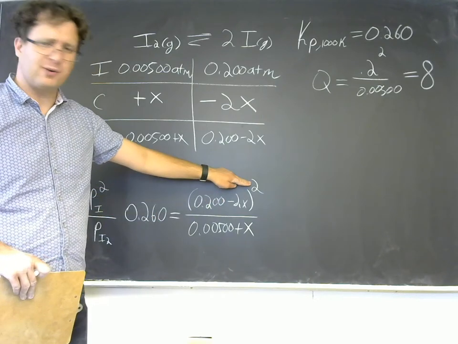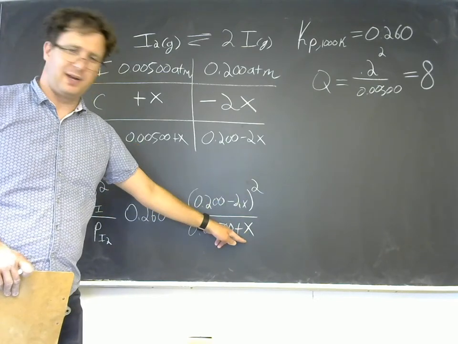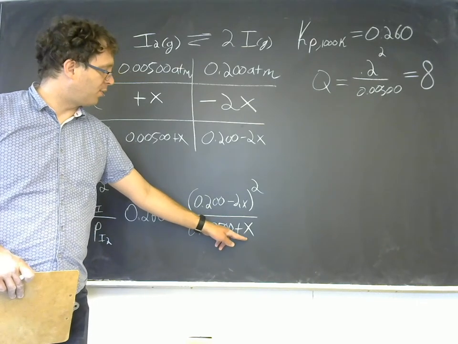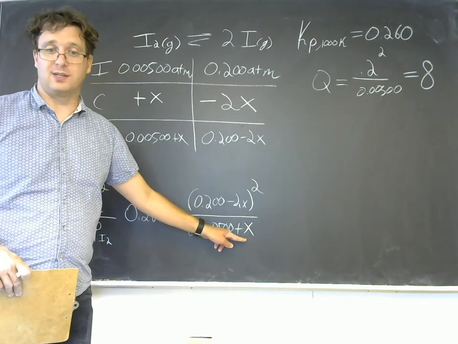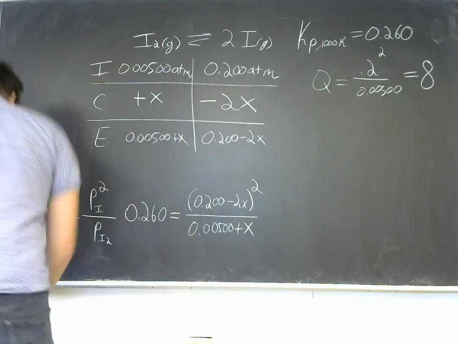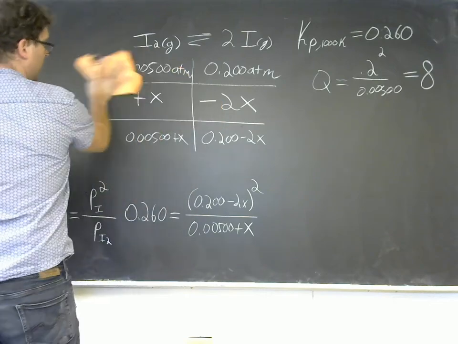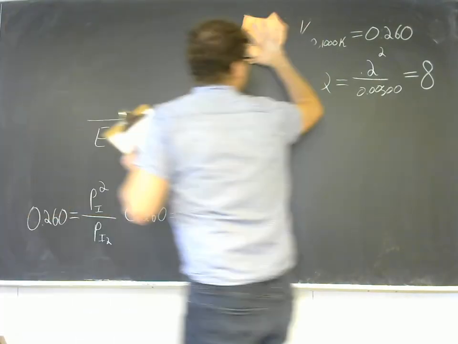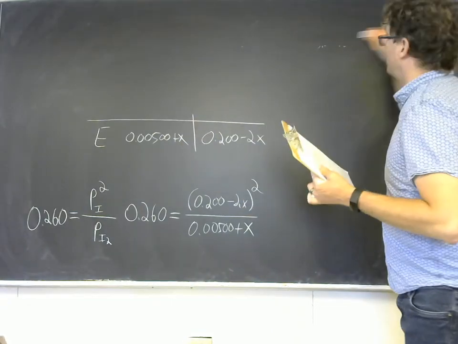Sure, that would get rid of the square in the numerator, but now we've introduced an even worse problem by putting a square root of x in the bottom. Now there are two different ways to solve this. I'll go ahead and erase everything up here, and we'll show you the long way to solve this.